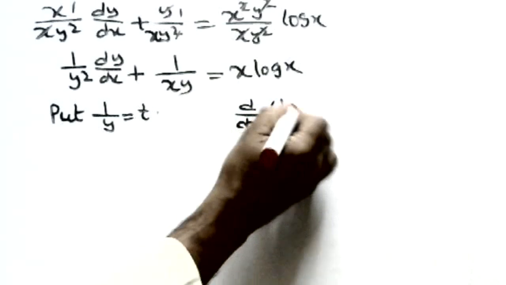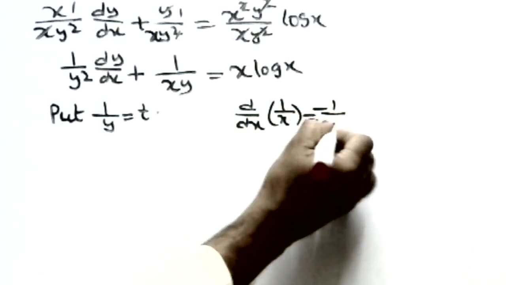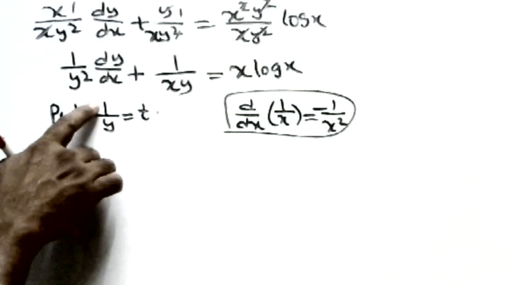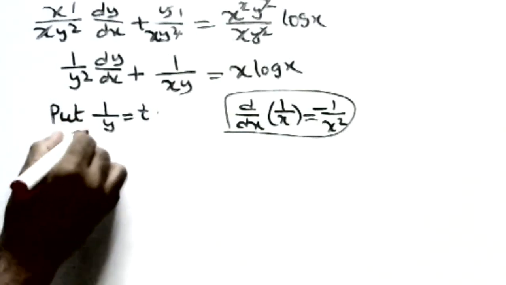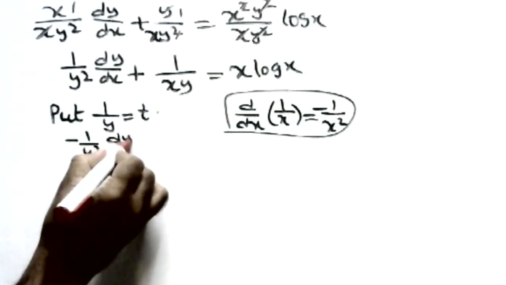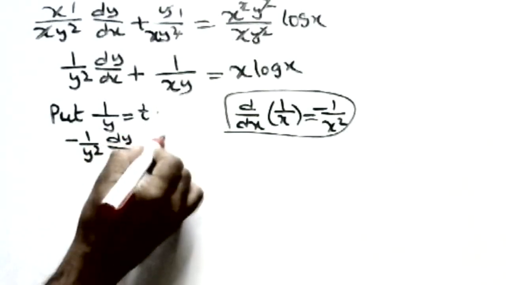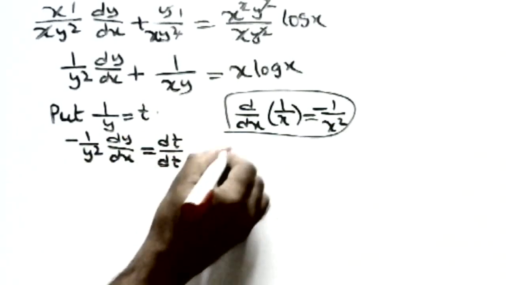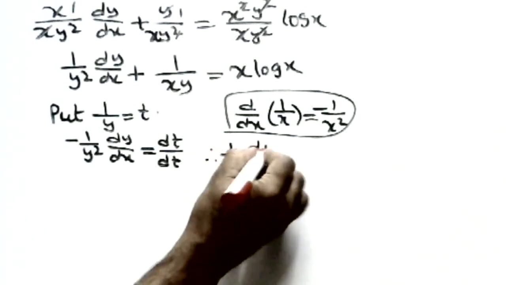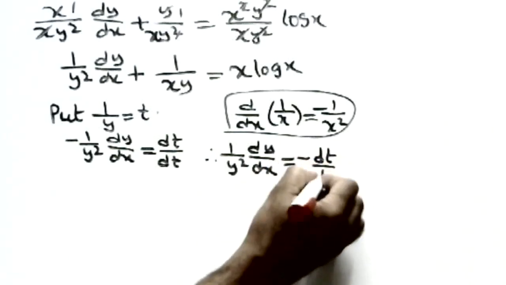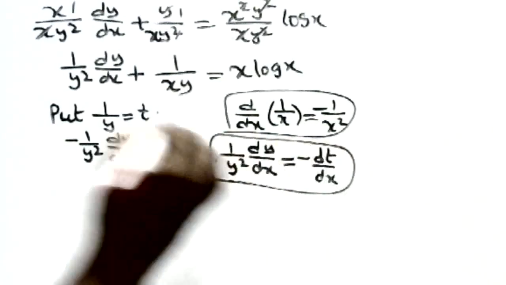What is the formula of d by dx of 1 by x? d by dx of 1 by x is minus 1 by x square. Therefore, d by dx of 1 by y will be minus 1 by y square. Let me differentiate with respect to x. So we write dy by dx, t is dt by dx. Bring this minus here. Therefore, we get 1 by y square dy by dx equals to minus dt by dx.